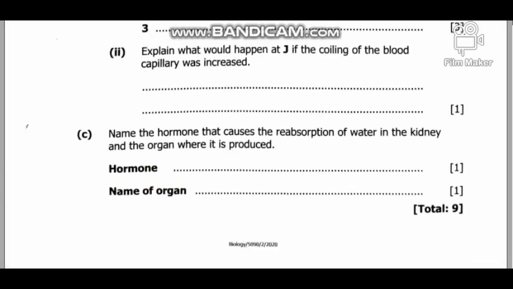Okay, let's move ahead to the next question. So we come to C. The question is, name the hormone that causes the reabsorption of water in the kidney and the organ where it is produced. So here we just need the hormone and also the organ where it is produced.